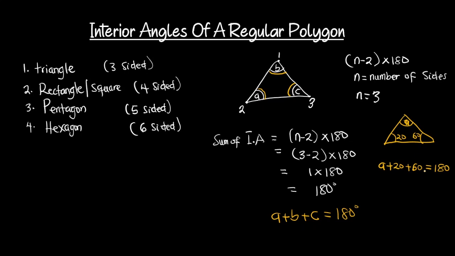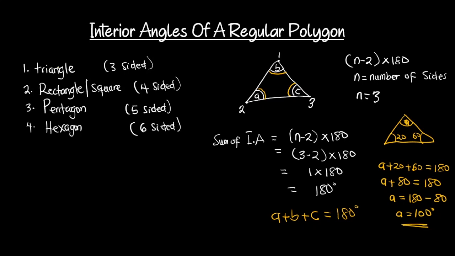All the interior angles here should be equal to 180. So I have my A, 20 plus 60 will give me 80, and this is equal to 180. So my A will be equal to 180 minus this 80, and so therefore my A will be 100 degrees. So this becomes my answer for A. So this is how we find the sum of the interior angles of a triangle.